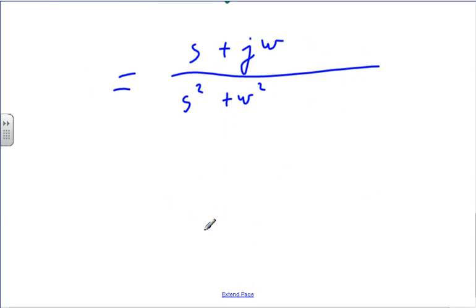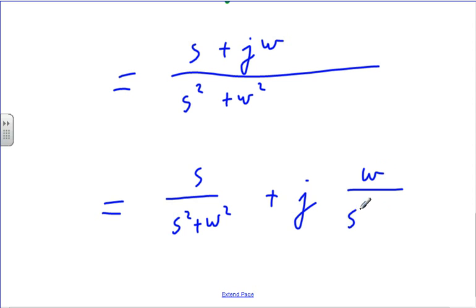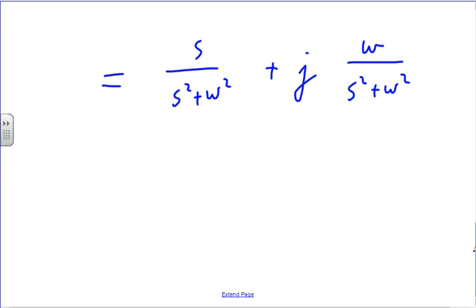So this becomes s over (s squared plus omega squared) plus j omega over (s squared plus omega squared). Well, are we done? Looks like we're done.